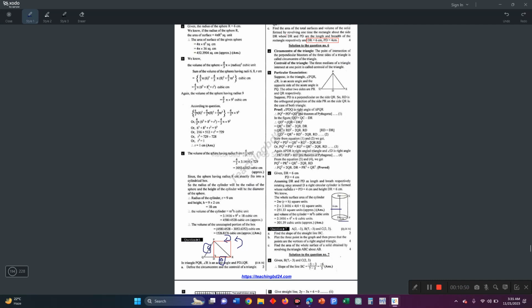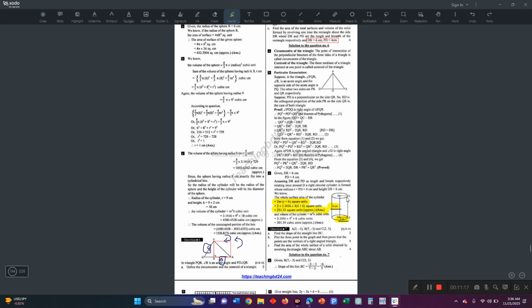The important thing to remember is that now we will find the area of the total surface and volume of the cylinder. For the area of the total surface, we know the formula is 2 pi r into r plus h. As we got all these values, that is h is equal to 6 meter and r is equal to 4 centimeter, we can put these values here and get the result.